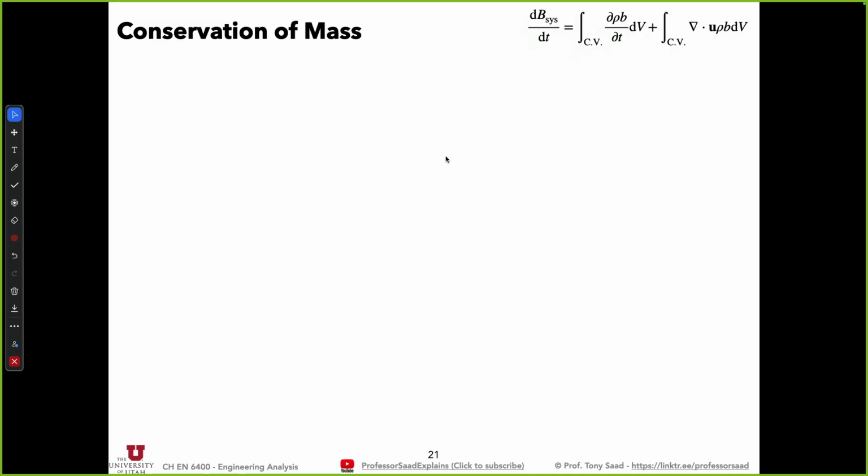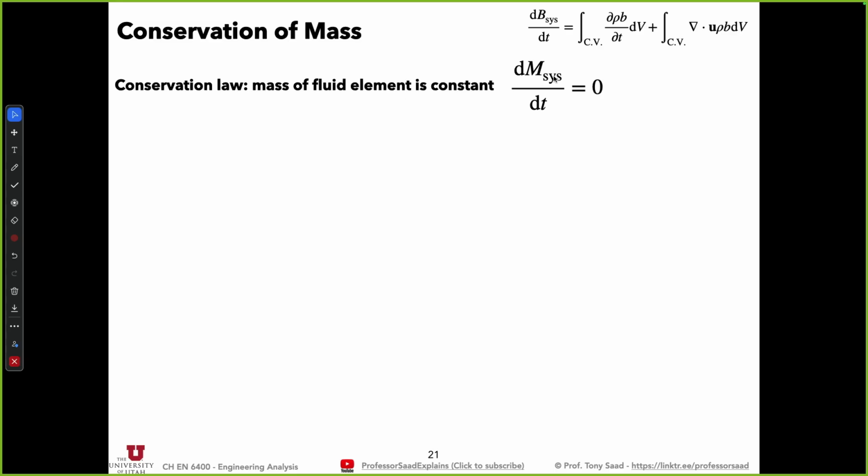It's just simply now plug and play. Conservation of mass, it says mass of a fluid element is constant. So if I take a collection of fluid particles and track them, their mass is going to be constant. Okay, that's what the conservation is saying. Okay, d mass of the system by dt is equal to 0. All right. Now in this case, B in the Reynolds Transport Theorem, right?